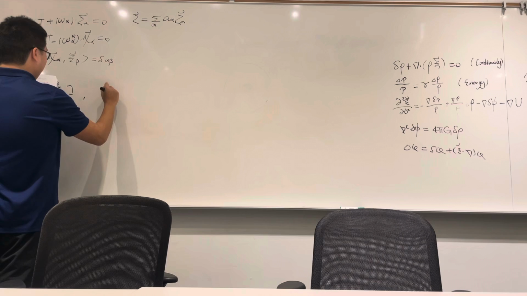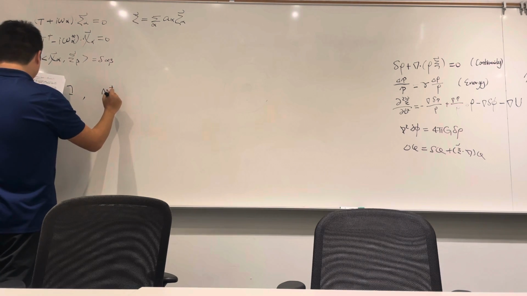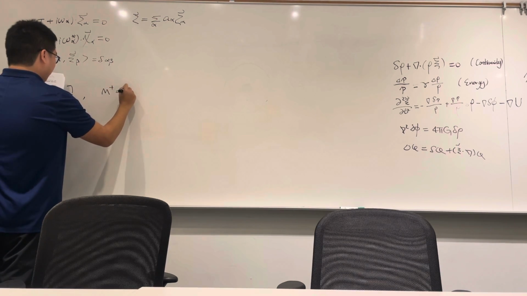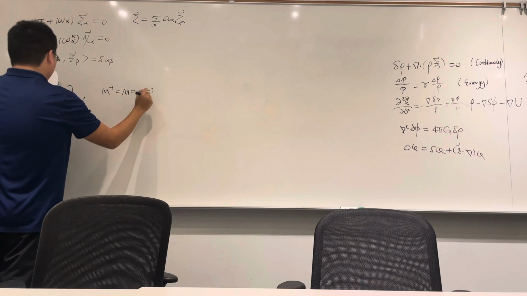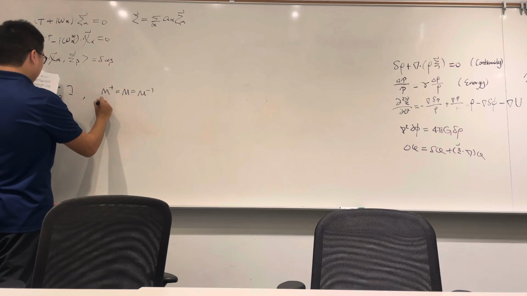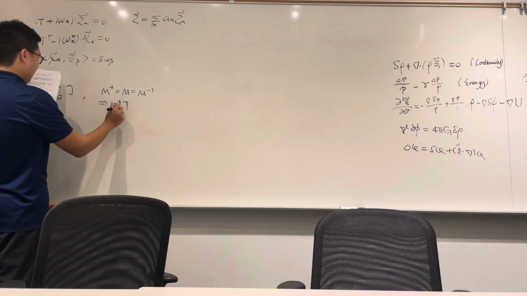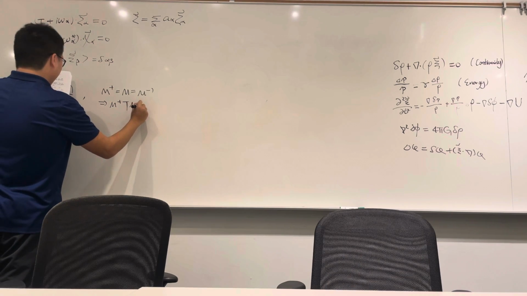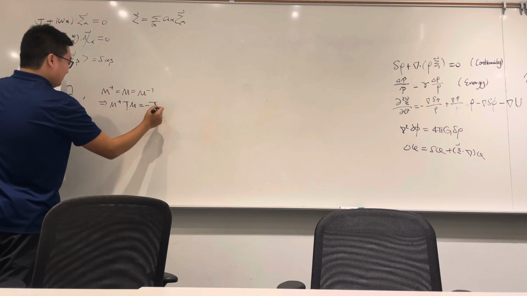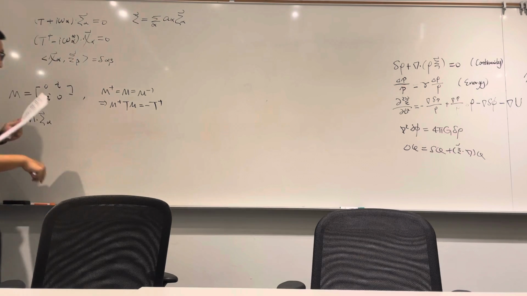For example, the Hermitian conjugate of m equals minus m. So that could prove that the Hermitian conjugate of m times t times m equals minus the Hermitian conjugate of t.